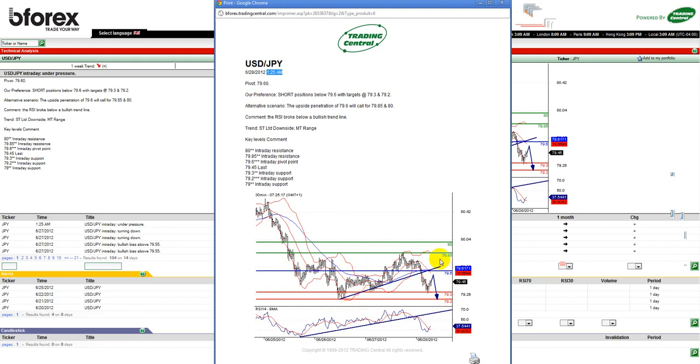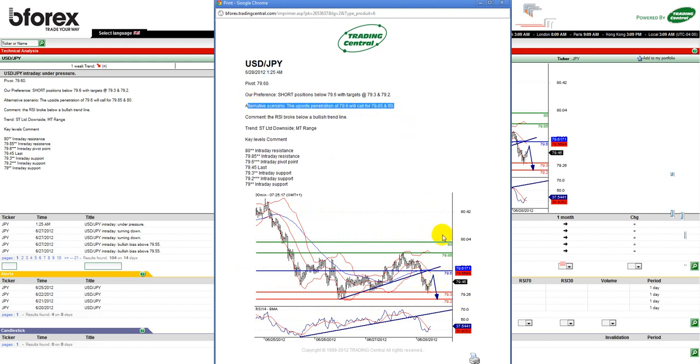Now the alternative scenario. The upside penetration of 79.6 will call for 79.85 and 80. What will happen is that if by any chance the market doesn't go as the calculated signal predicted, it's going to go up. When it goes up, you have your second position that you need to open, which is on buy.